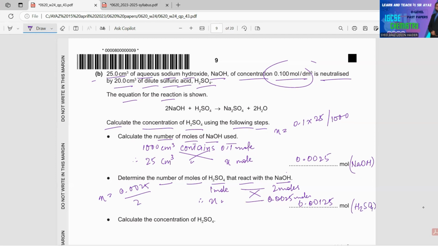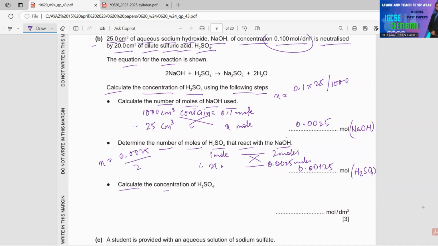Now we have the moles of H2SO4. Calculate the concentration of H2SO4. So these are the moles in 20 cm³. So 20 cm³ contains 0.00125 moles. Therefore, 1000 cm³ contains X moles.